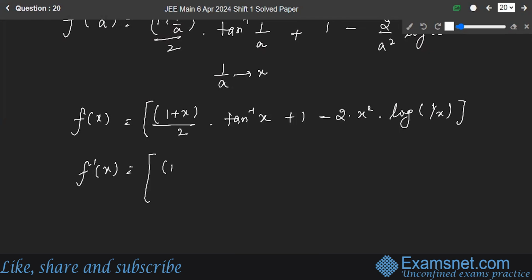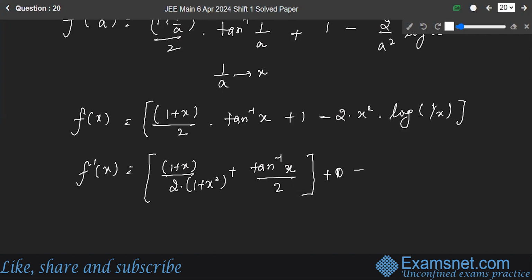This is 1 plus x upon this. First function into derivative of second plus second function into derivative of first. This will give me tangent inverse x upon 2. Okay. So, fine. This is plus 1. Okay, this will give me a 0.